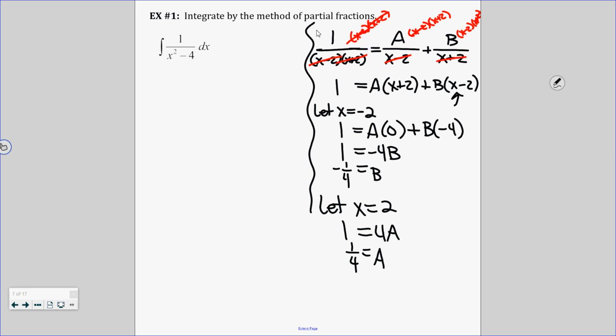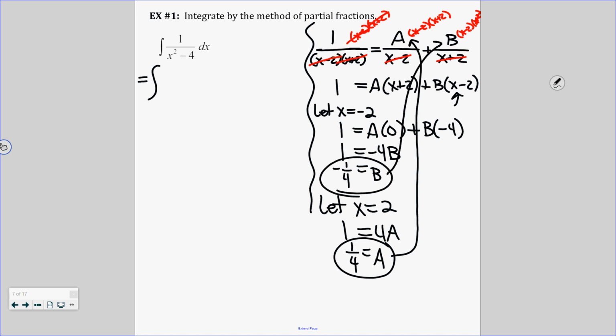So what that means is this integral is the same thing as, I'm going to put my A right here and my B right there and write it over here. That 1 over x squared minus 4 is the same thing as 1/4 over x minus 2 plus negative 1/4 over x plus 2, dx.